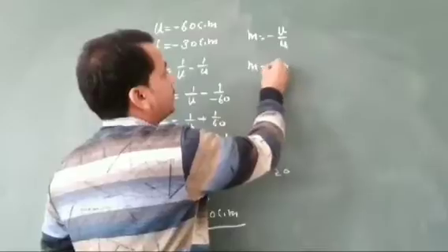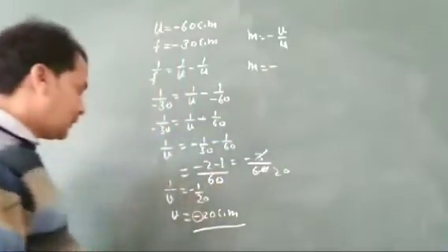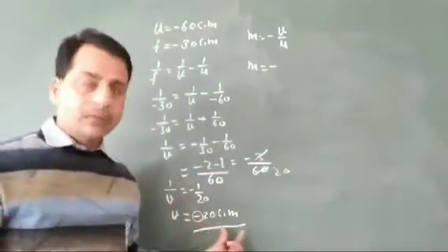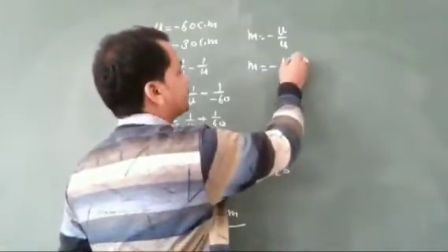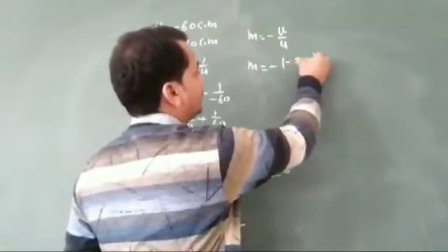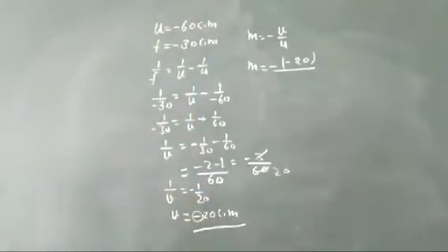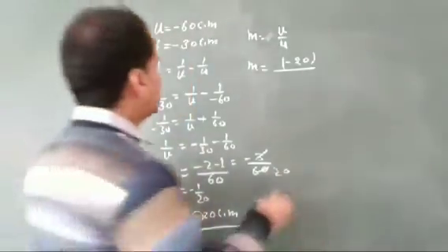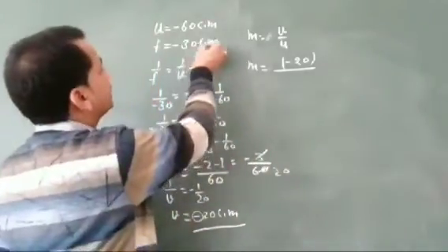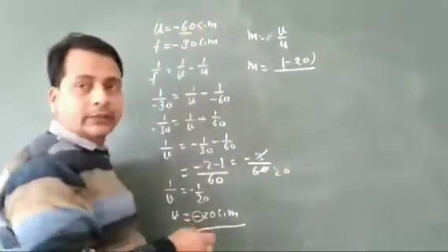Then m = -(-20)/(-60), with image distance minus 20 centimeter and object distance minus 60 centimeter.